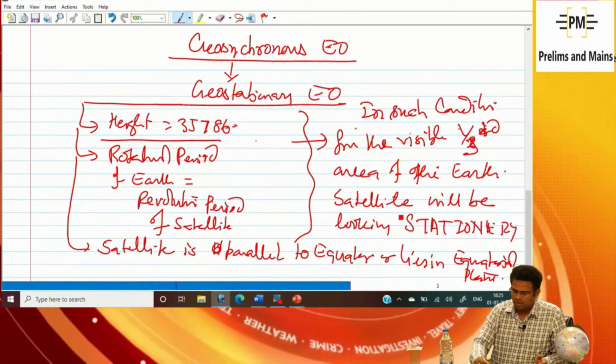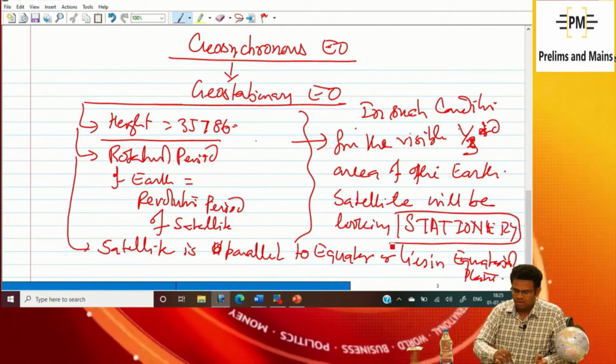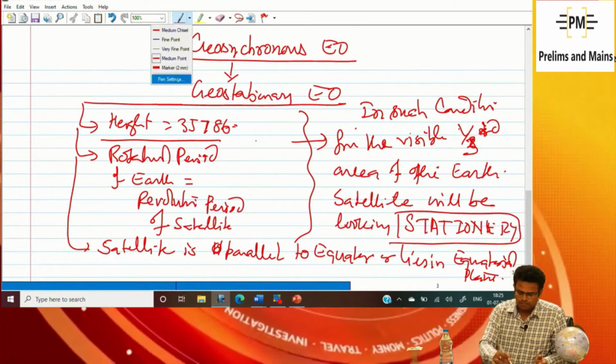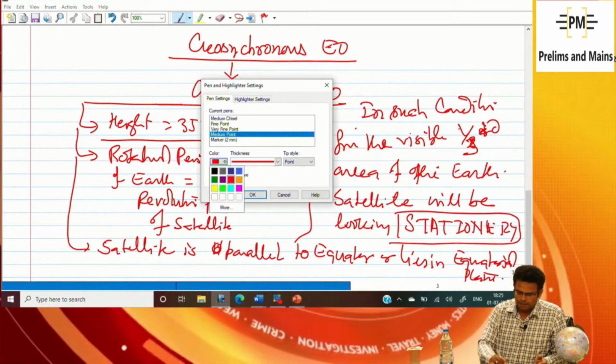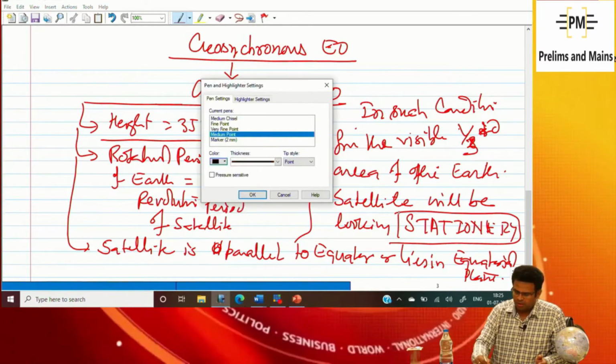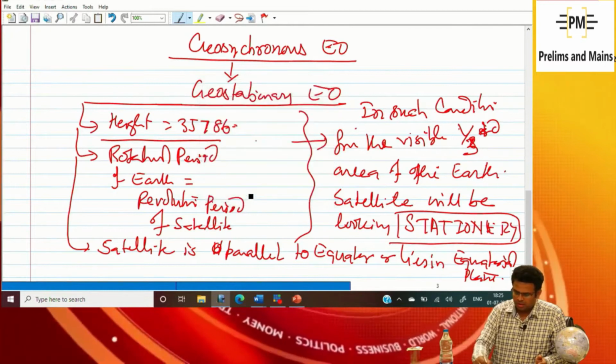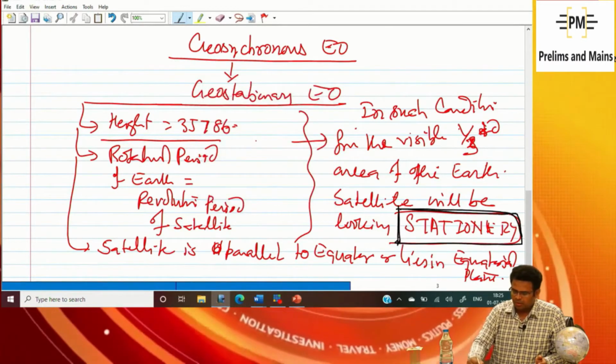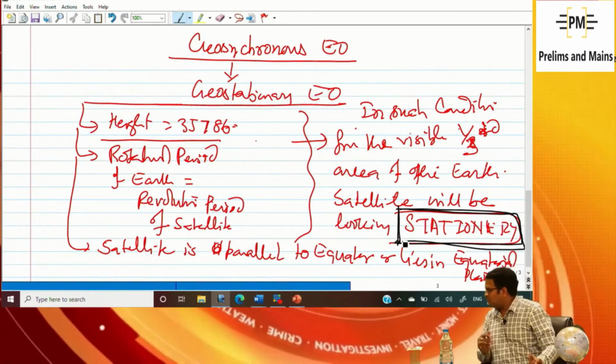Clear? The satellite will be looking what? Stationary. Satellite will be looking stationary. Getting my point?